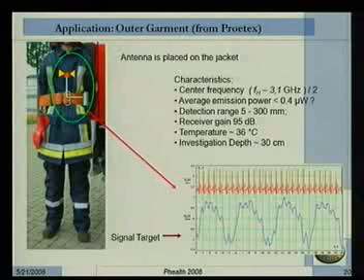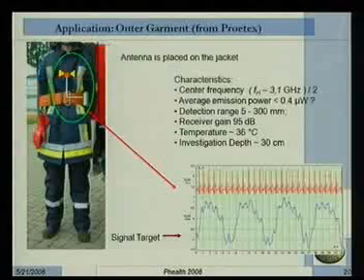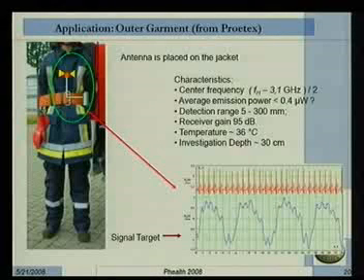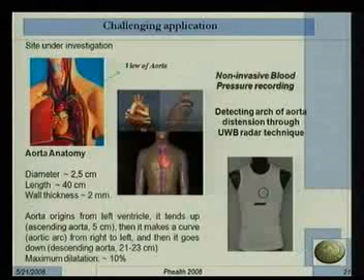The idea is to use this technology to put this antenna on the jacket of the fireman, in order to detect the information related to cardiopulmonary activity, such as the heartbeat and the breathing frequency.